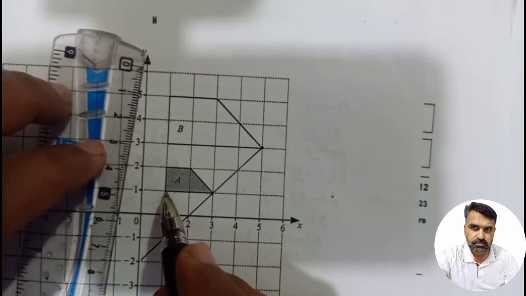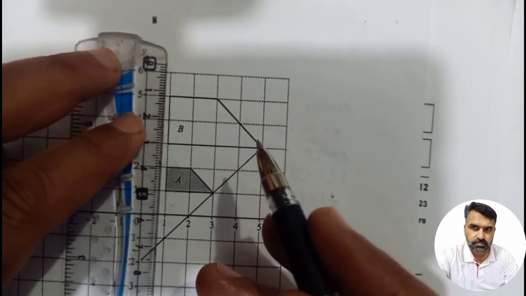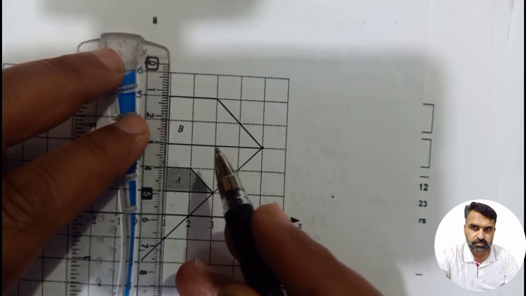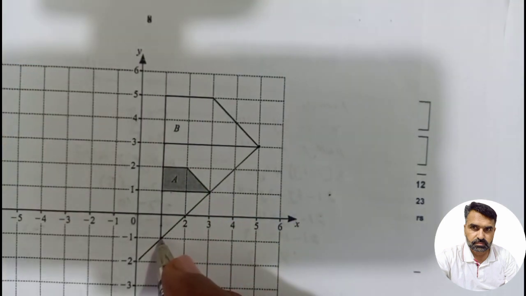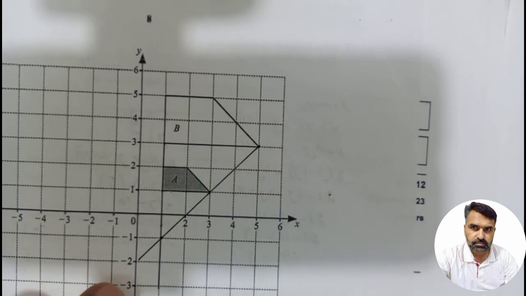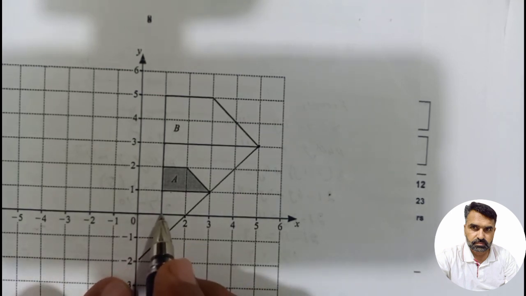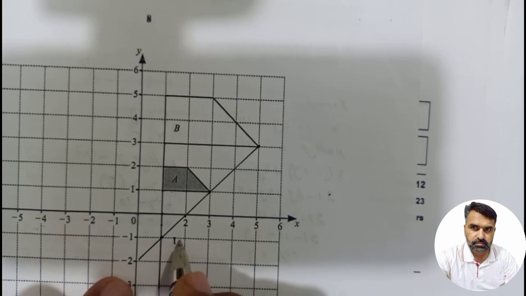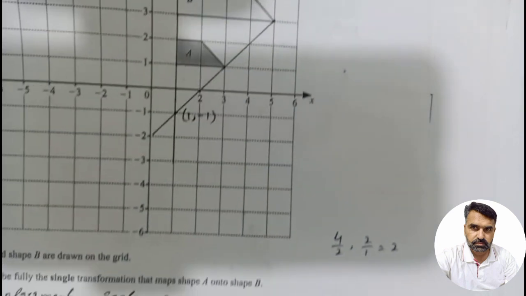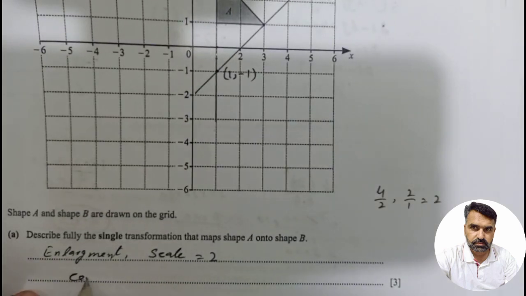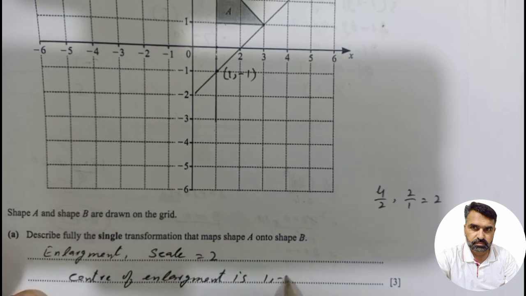And if I join these 2 vertices, so students, both these lines will intersect each other at this point, and the coordinates of this point are 1 and minus 1. So the center of enlargement is 1 and minus 1.